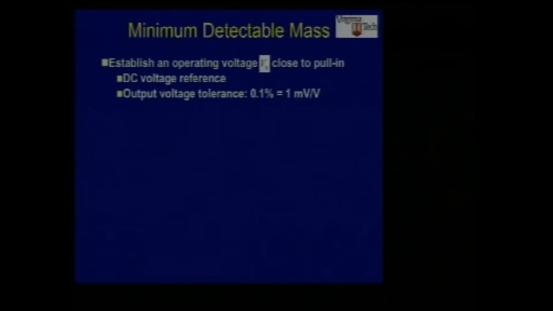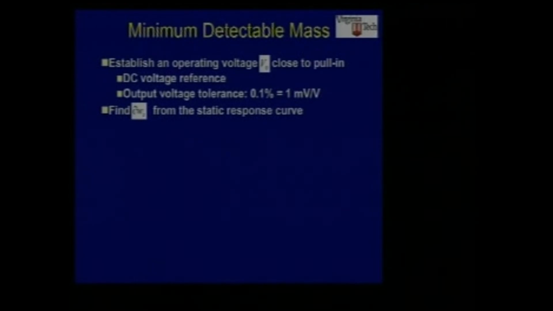Now, what we want to do is establish a voltage close to pull-in. It's on the verge of pulling in. Let me call that V0. Then that sets up the first voltage. For the output voltage, you need an increment, and how resolutely you can do it, essentially it's 1 millivolt per volt.